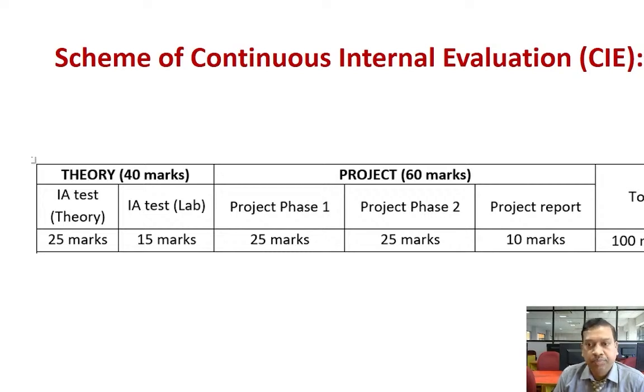They are divided into two phases. Project phase 1 will be conducted for 25 marks. There will be a project phase 2, again conducted for 25 marks, and at the end you need to submit a project report for 10 marks. So this totals 100 marks CIE.